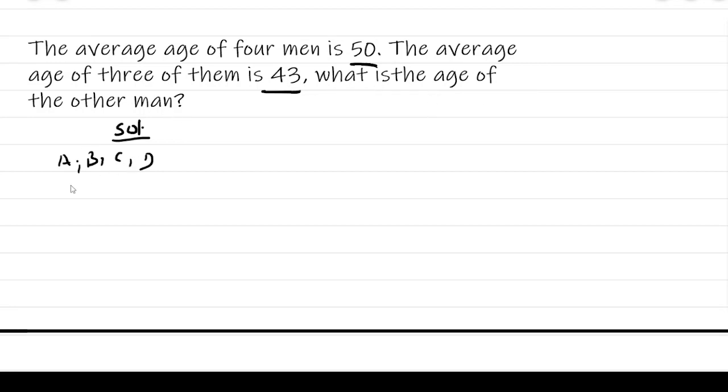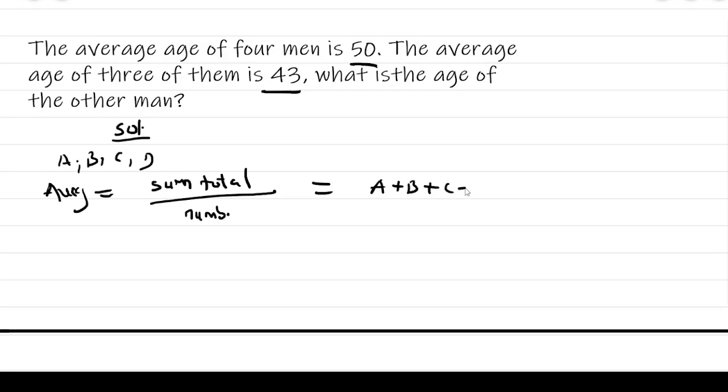Well, just like I said in the previous video, to get the average, you only need to do the sum total of the items divided by the number of items. So here, the average is the age of A plus age of B plus age of C plus age of D, all divided by the number they are. They are 4 in number, 4 men. So this average is equal to 50.